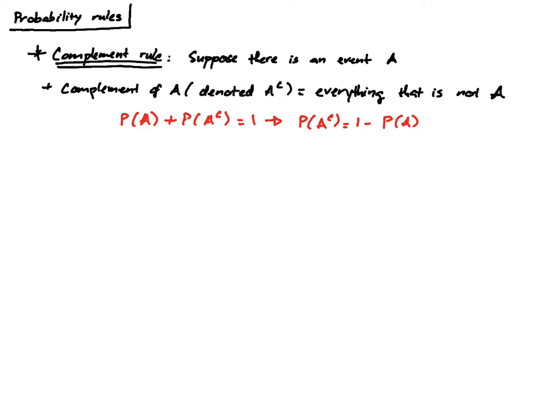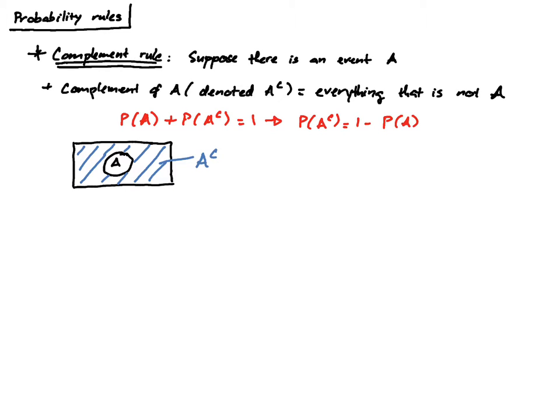Graphically, this is as follows. So you have the sample space, you have event A, right? So the shaded part here outside of the circle is the complement of A, so A superscript C. Okay.